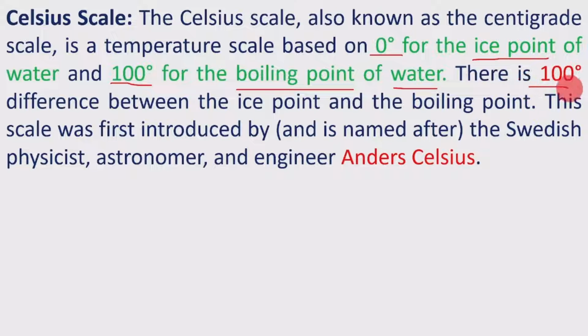There is a 100-degree difference between the ice point and boiling point in the Celsius scale. This scale was first introduced by, and is named after, the Swedish physicist, astronomer, and engineer Andreas Celsius.